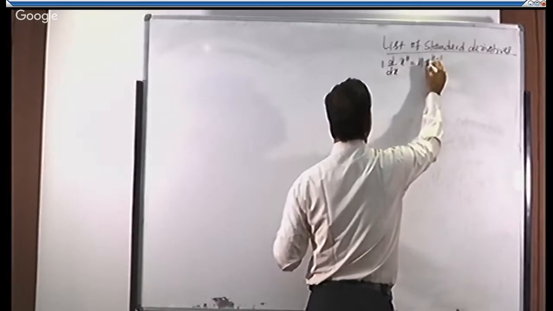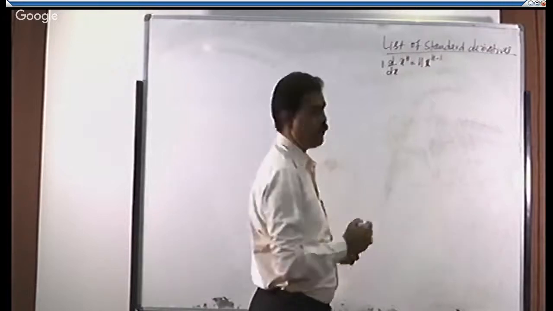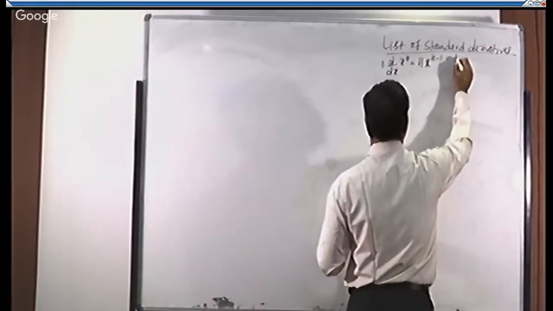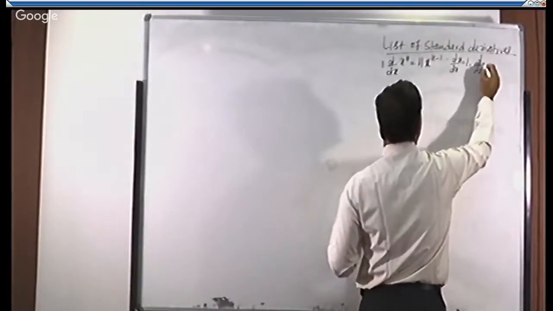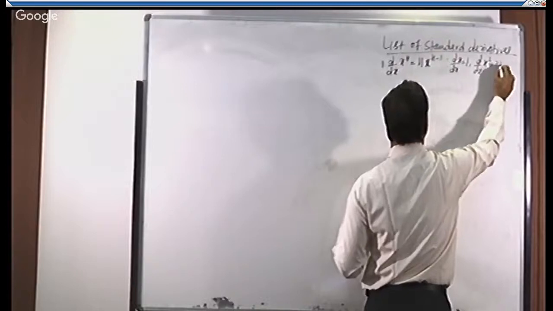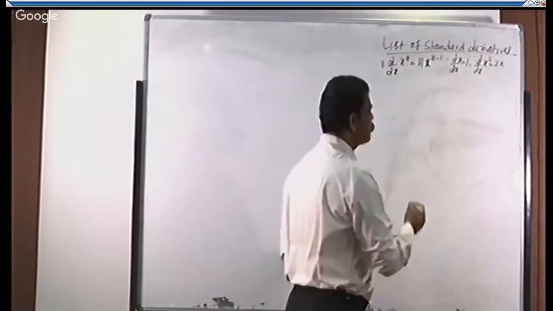I mentioned examples also. Differentiation of x, remember, is 1. Differentiation of x square is 2x. Differentiation of x cube is 3x square, like that.